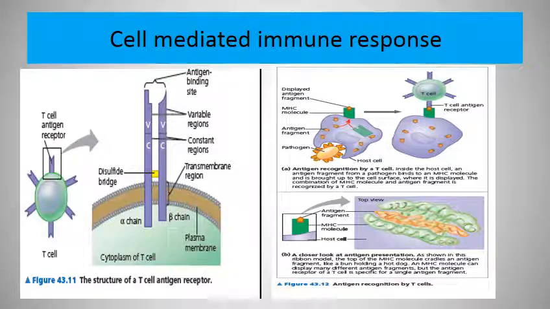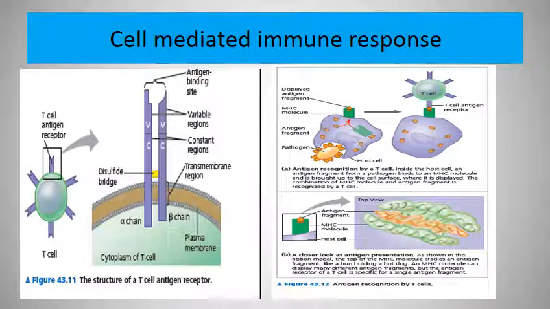Now here this host cell has been infected by a pathogen, and some fragments of these pathogens are found in the host cell. Now one MHC molecule, MHC means major histocompatibility complex, which is in green color, binds to this antigen fragment and displays it on the surface of the host cell.